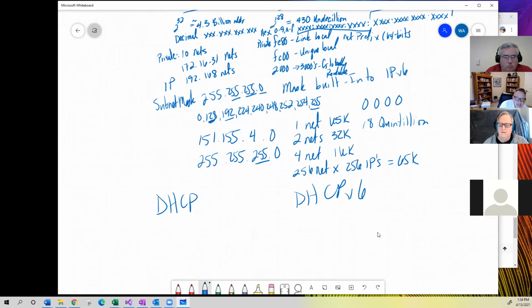Where you had DNS over here, you also have DNS over here, DNS version 6 to support IP version 6. All right. So these things still exist. You can still get a dynamic IP address. You still have name resolution assigned to an IP version 6 IP address.